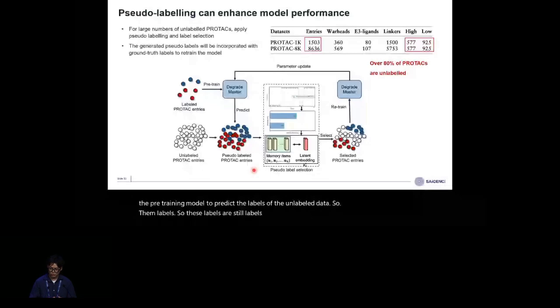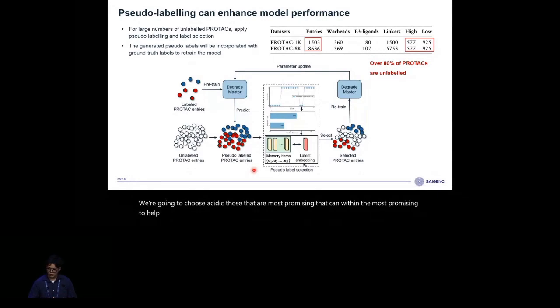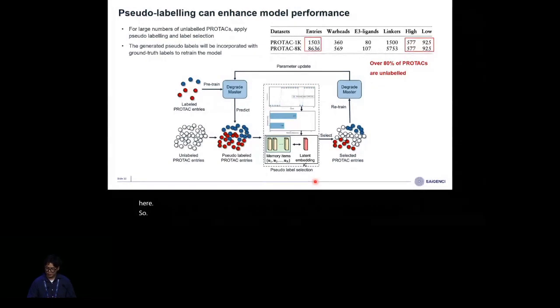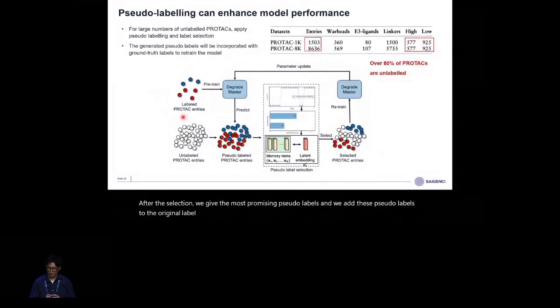We select those that we think are the most promising to enhance the model performance, so here we design a pseudo-label selection strategy. After the selection, we add these most promising pseudo labels to the original labeled set, combine them together, and retrain our DegradeMaster again.